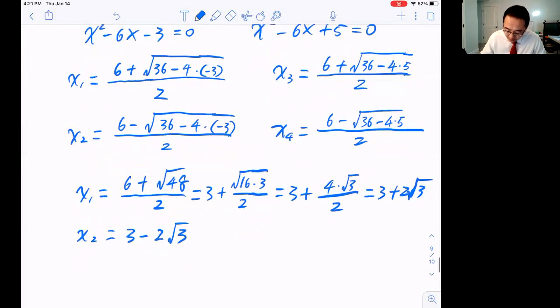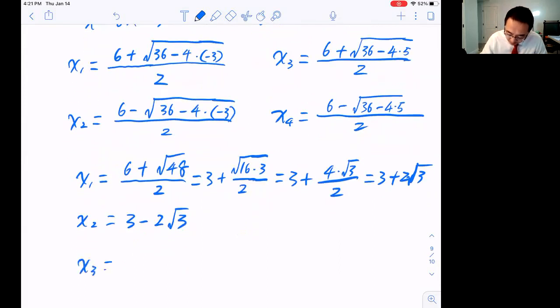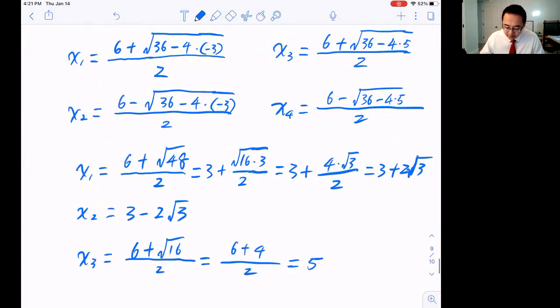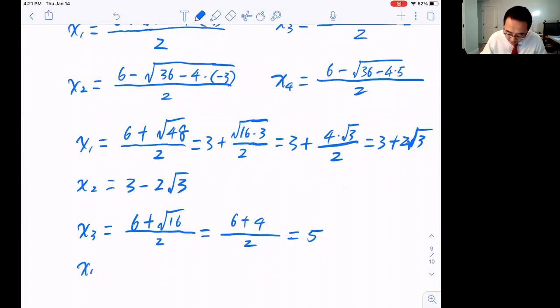Okay? Then x3 equals 6 plus, 36 minus 20 is the square root of 16, divided by 2. So that is 6 plus 4 divided by 2, which is 5. Then x4 is 6 minus 4 divided by 2, which gives you 1.